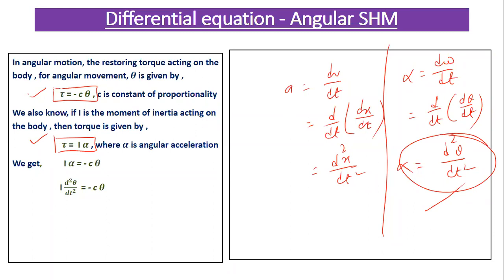Now we have to simplify this equation to get the differential equation. We transfer this I to the right hand side, so it is divided: c by I. So we get d square theta divided by dt square is equal to minus c theta divided by I.